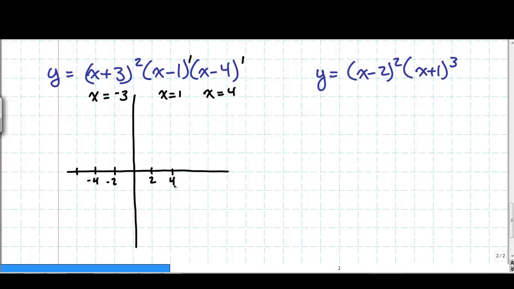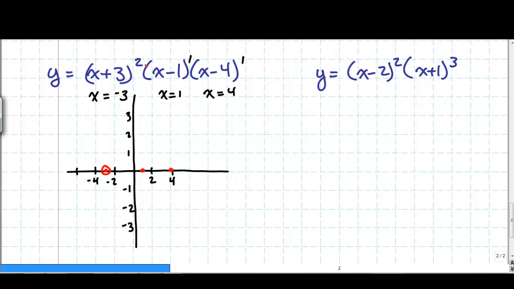And we'll continue to work up as 1, 2, and 3. So I've got a 0 at negative 3 with a multiplicity of 2. I've got a 0 at 1, and I've got a 0 at 4.